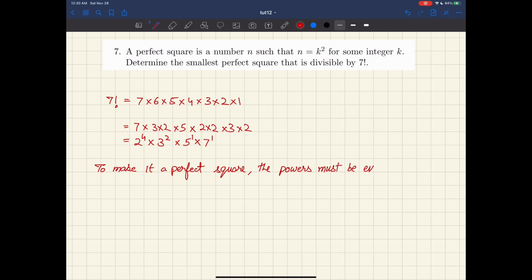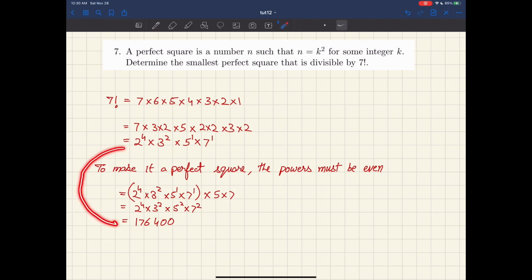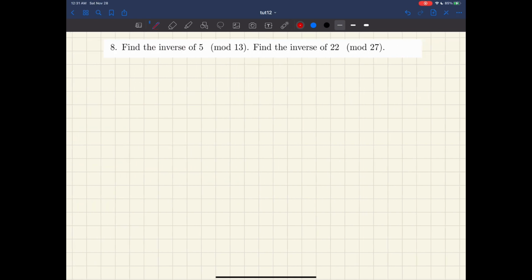So we multiply by 35. So it is 2 to the power 4 times 3 square times 5 square times 7 square. Now this is a perfect square and is still divisible by 7 factorial because it's coming from its prime factorization.